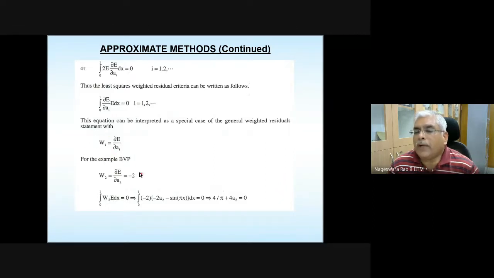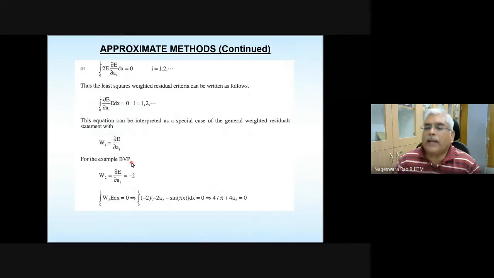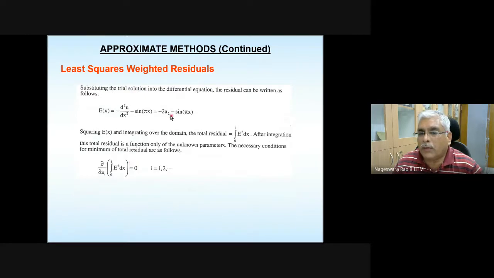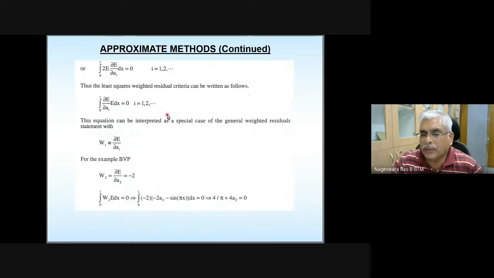So how many weight functions are you going to get? As many weight functions as unknown coefficients. In this particular case, starting with a quadratic trial solution, the error function is a function of only one coefficient, a2. So it can be written like this: I is equal to 2, W2 is the partial derivative of E with respect to a2.